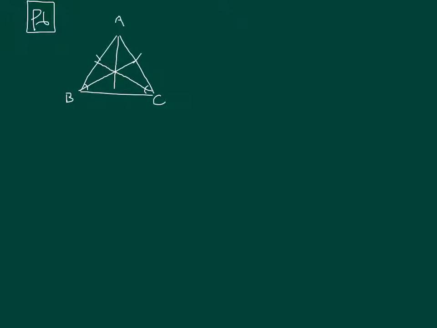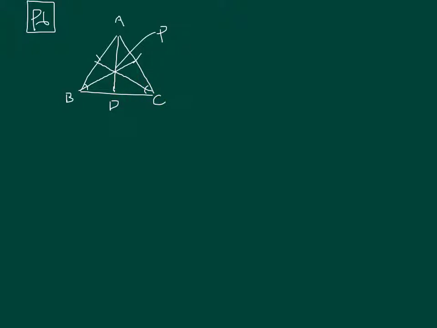Let's say the point of concurrence is P, and the intersection of the angle bisector of A with BC, let's call it D. So triangle BPD is congruent to CPD. It looks like it, but why is that? So find the triplets to prove that.